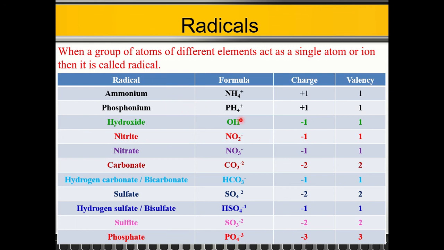In this way, phosphonium PH4+, its valency is also 1, hydroxide OH-, nitrite NO2-, nitrate NO3-, carbonate CO3 2-, hydrogen carbonate or bicarbonate HCO3-, sulfate SO4 2-, hydrogen sulfate or bisulfate HSO4-, sulfite SO3 2-, and phosphate PO4 3-. And all these are their valencies. To write any formula, you have to know about these radicals and their formulas.